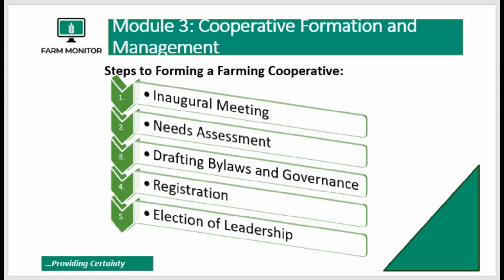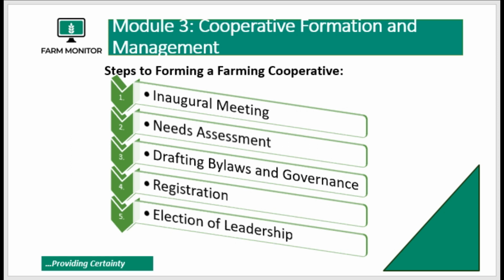The meeting brings together potential members to discuss the idea, gauge their interest, determine whether there is a collective will to proceed or not. During this meeting, the group may establish a provisional steering committee who will be responsible for further organizational efforts of the cooperative.